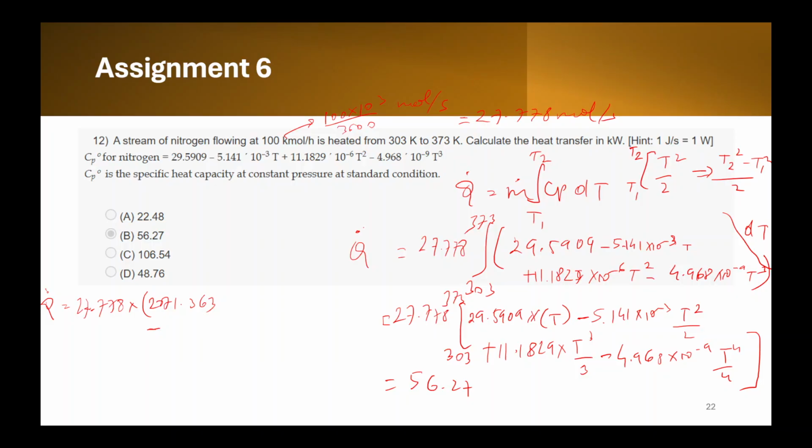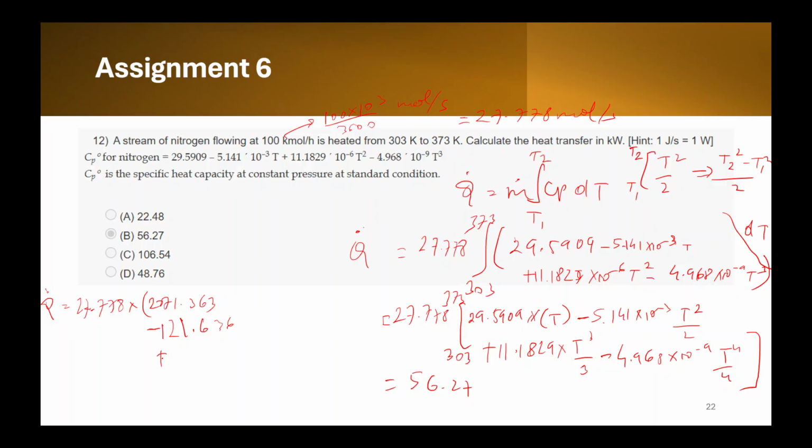So 373 square minus 303 square upon 2. So it's basically 121.636.